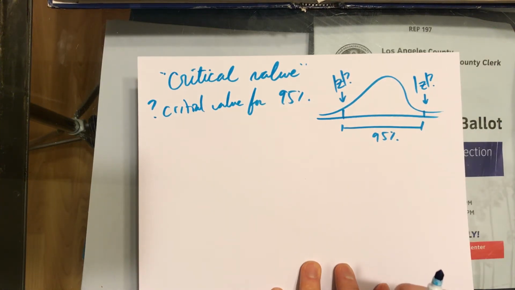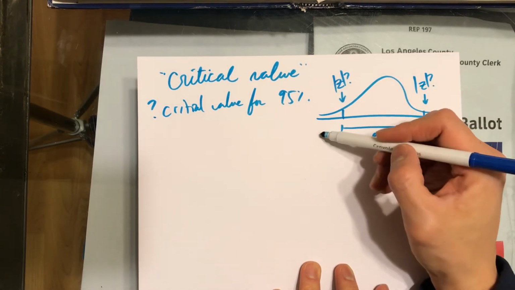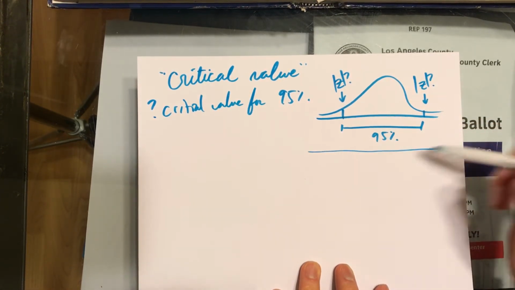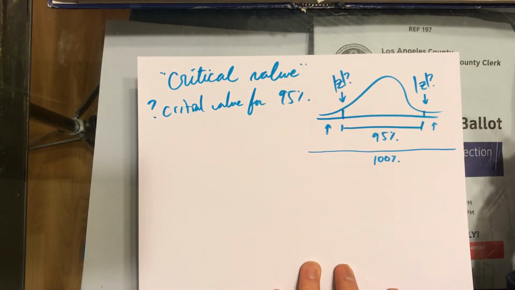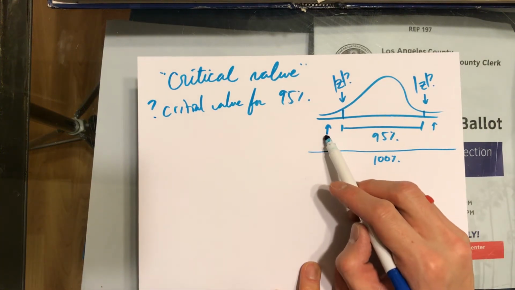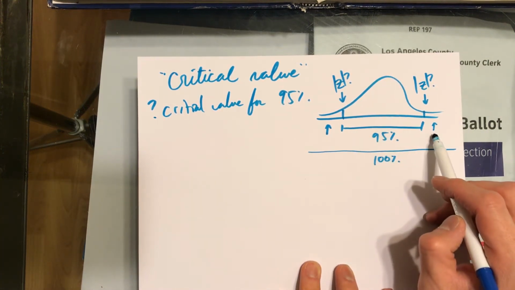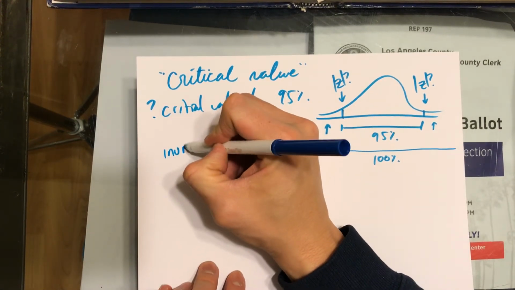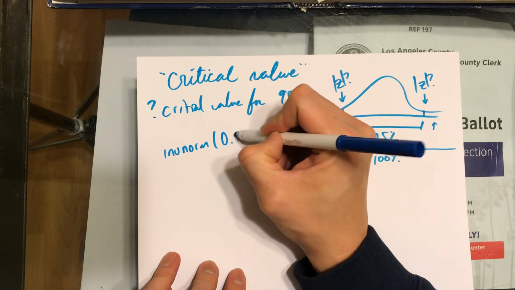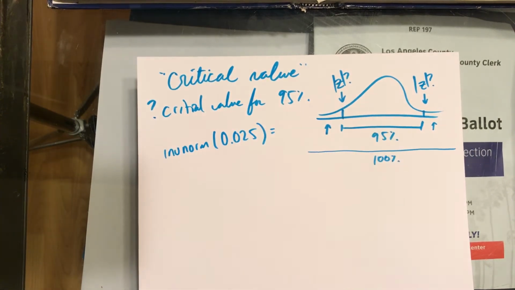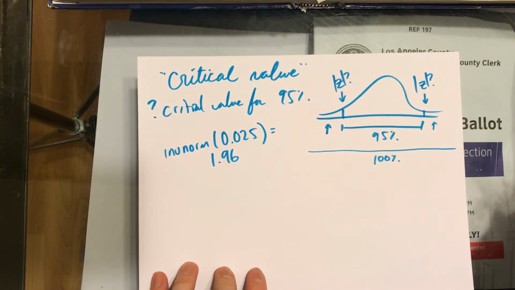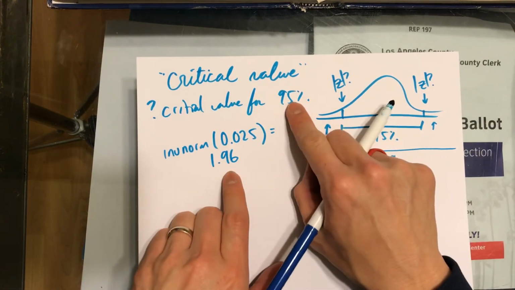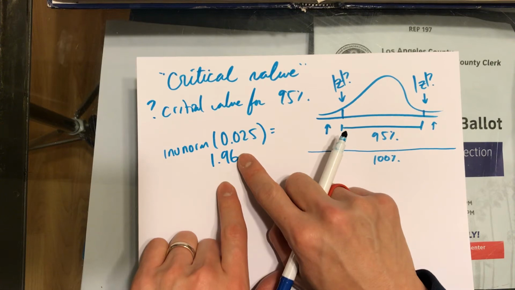Think about it. Okay. So if this whole thing right here is 100%, what would this part be right here? This would be 2.5%, 2.5%, right? So what you're gonna do, you're gonna go to inverse norm of 0.025. And if I'm not mistaken, that comes out to 1.96. So that means the critical value for 95% is 1.96.